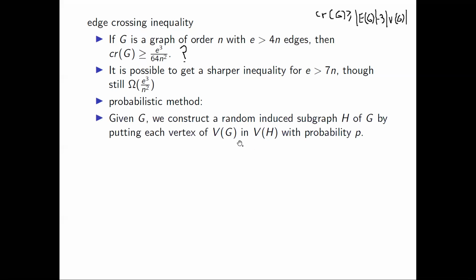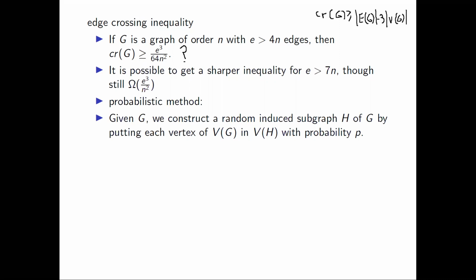With the probabilistic method, we have a graph already, so we don't want to just generate a random graph out of nothing. We have to use our original graph, the graph G, somehow. Now, how do we want to use it? Well, we can still do randomness. We can take our graph G and build a random induced subgraph of G. How do we make a random induced subgraph?